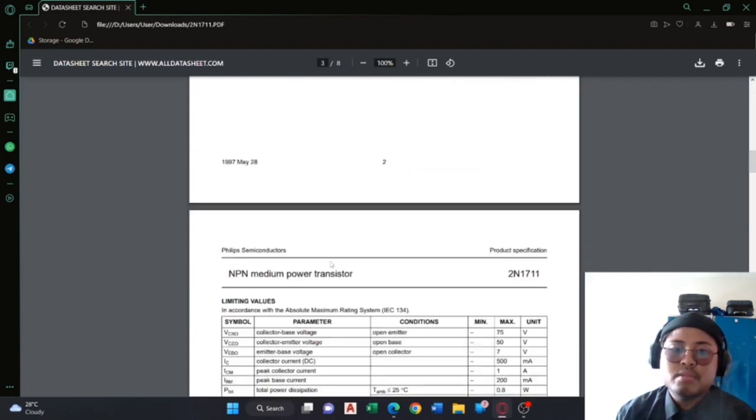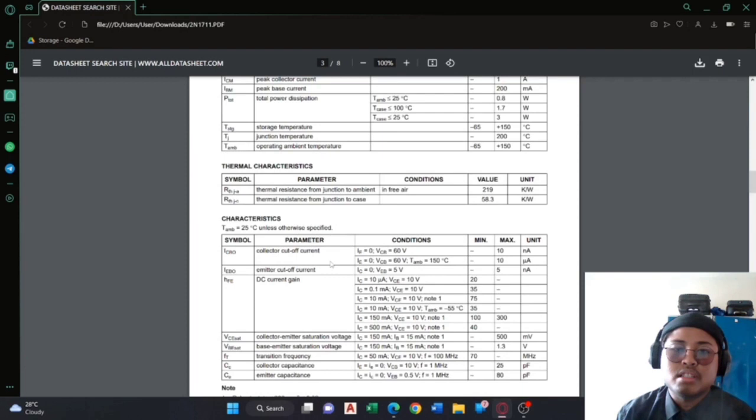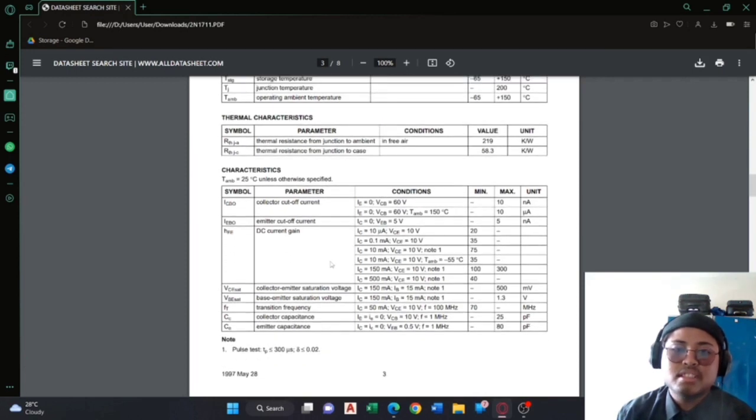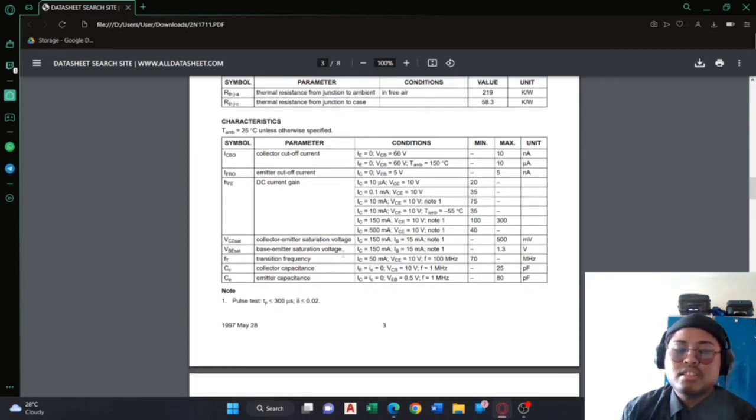Firstly, we have to go to the characteristics for our transistor, and to determine the IC-SAT we must find the VCE-SAT.